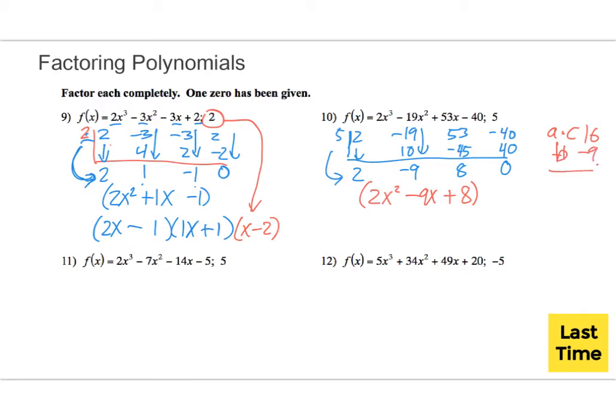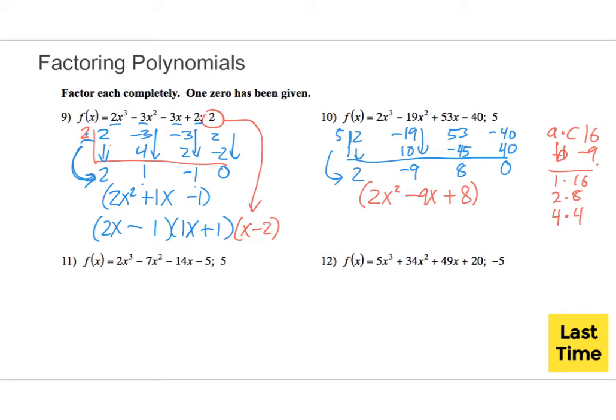Okay, so things that multiply to 16, that'd be 1 times 16. That doesn't add to -9. 2 times 8, that gets us 10. 3 doesn't work. 4 times 4, that gets us 8. This is not factorable anymore.